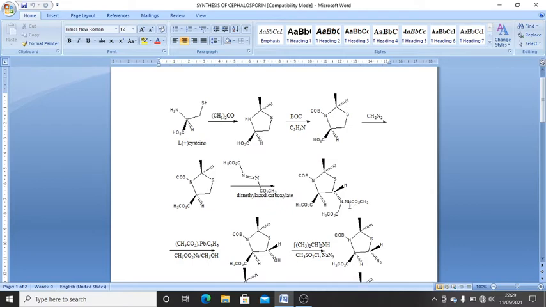This salt intermediate is again rearranged with a molecular rearrangement. Now this intermediate is called D-alpha aminoadipic acid. So the ester which we got reacts with DMAD to give me D-alpha aminoadipic acid.